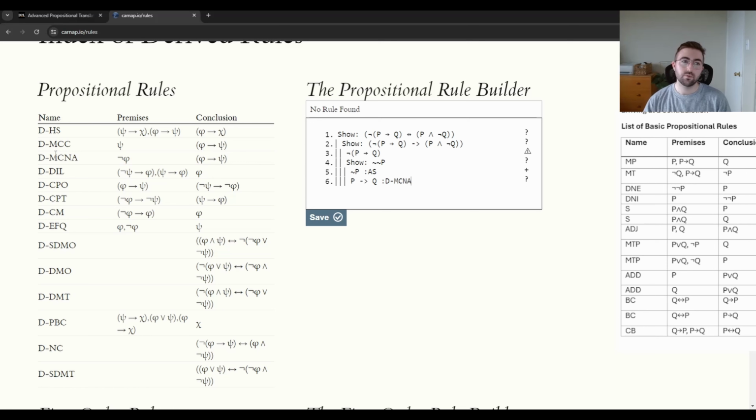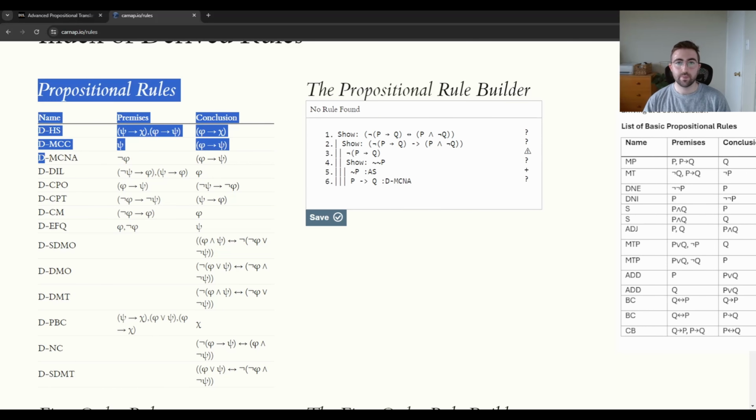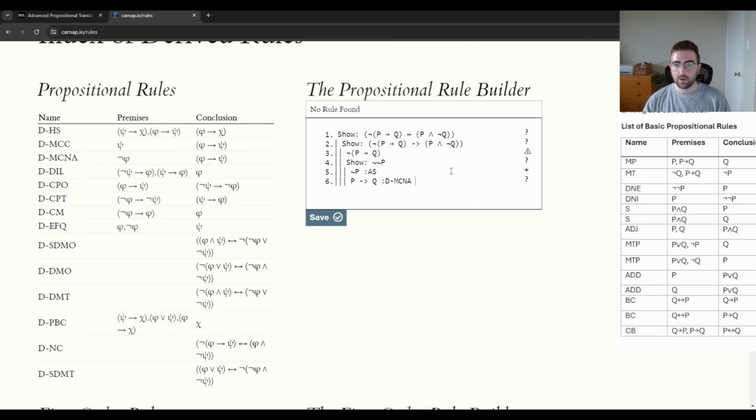Whenever you use a derived rule, remember you have to put D in front of it. On line 5, right? Well, obviously that can't work because we have not P, not Q. That's a contradiction. So we can get not P, right? We assumed not P. We got P arrow Q, which contradicts with not P arrow Q. So we get an indirect derivation using lines 3 and 6, which contradict.